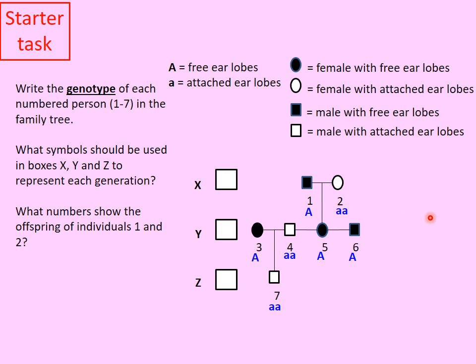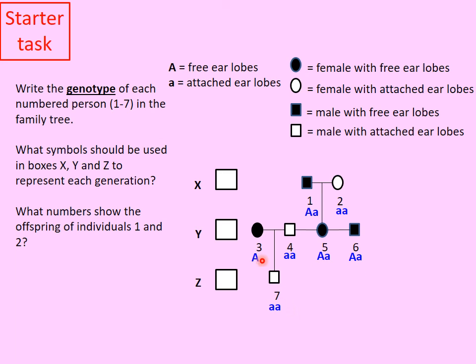So this number 1 is going to have to be big A, little a. And then looking at the children here, the siblings of individual 4, 5 and 6, they are going to be big A, little a as well, because they're going to get the big A from their dad, and their mum is going to have to give them the little a. So 5 would be big A, little a, and 6 would be the same.